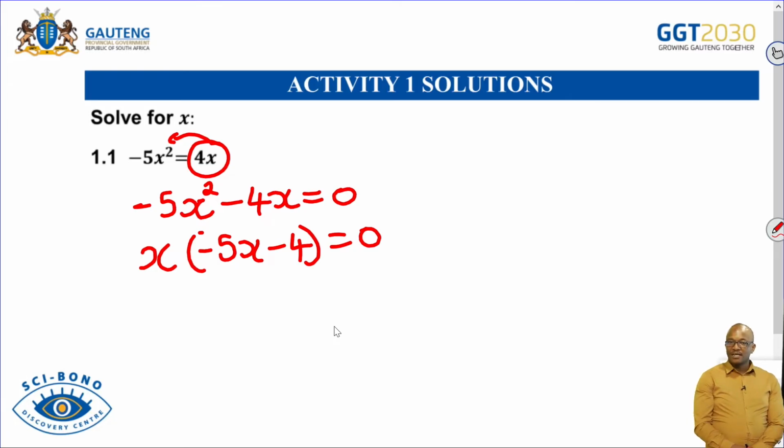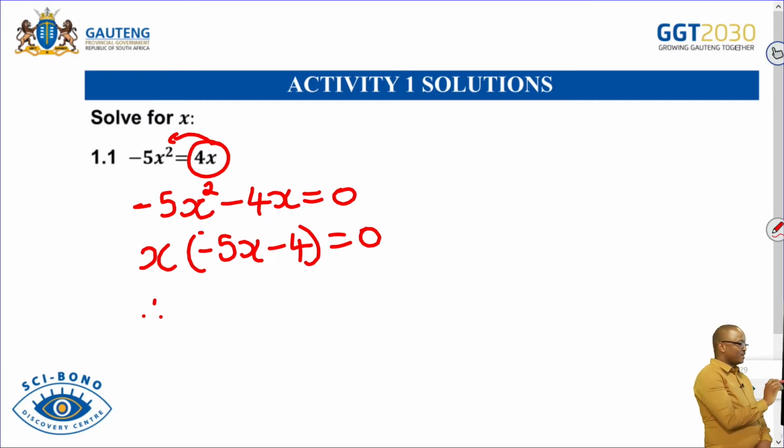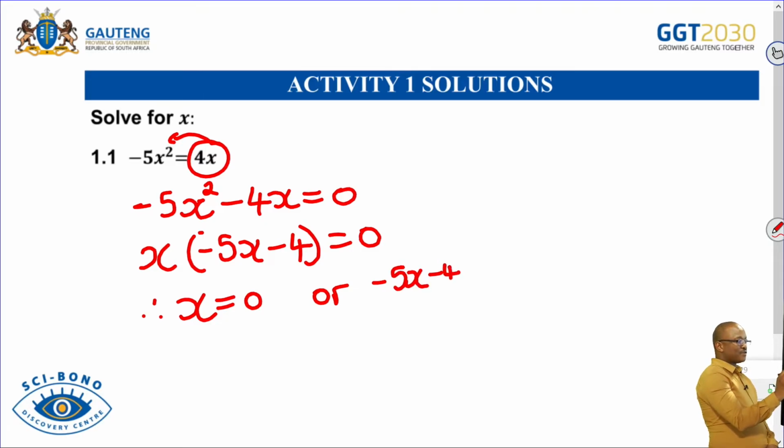Now, at this step after factorization, step 3 is to apply the zero factor rule. Zero factor rule means you will say, therefore, x will be equal to 0, or what is inside the bracket, negative 5x minus 4, is equal to 0. Then we need to solve our linear equations.